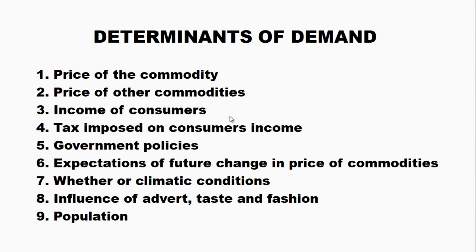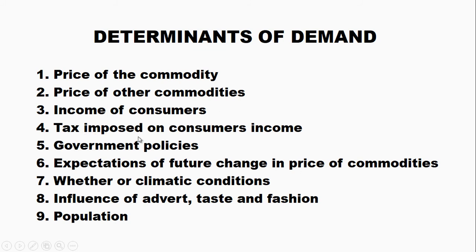At lower income, quantity demanded will increase. Then, if the commodity is an ostentatious or luxury good, income of consumers is directly related to it, which means at higher income, consumers will demand more of ostentatious goods. At lower income, they will demand less of ostentatious goods.